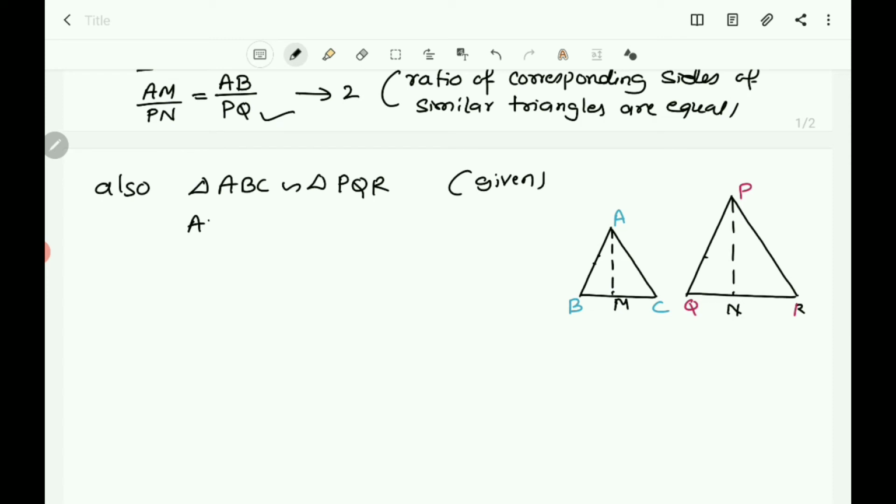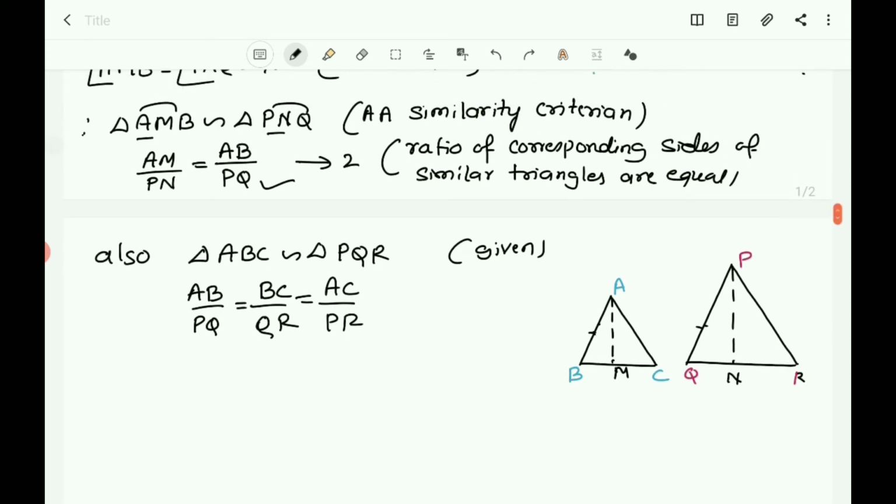So you write AB by PQ is equal to BC by QR is equal to AC by PR. The reason, you know, is that the ratio of the corresponding sides of similar triangles is equal.